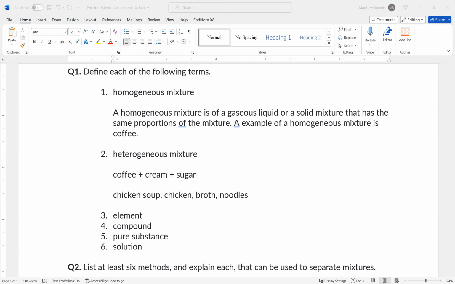Could you come up with a sentence for heterogeneous mixtures just like you did? Yeah. Let me first write down the meaning and then I'll give an example. Okay.